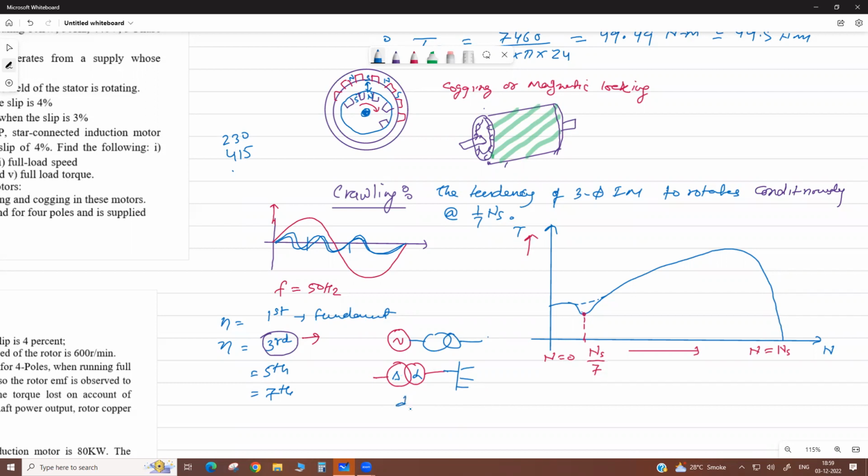But in star connected, if there is no delta winding, then in star connected three phase, we have another, third winding, called the tertiary winding, to eliminate the third harmonic component. So we have to eliminate the third harmonic from the supply.